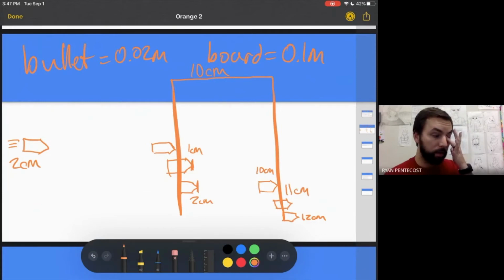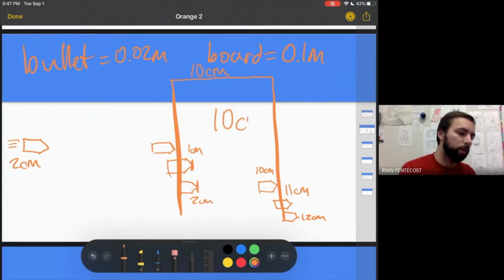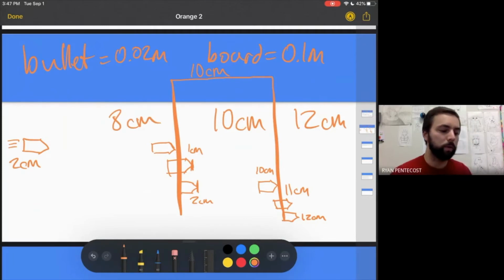So last year, when we had this debate, we had people arguing that the bullet is in contact for 10 centimeters, 12 centimeters. We even had 1 or 2 individuals that were in the minority, but they even said that the bullet was in contact for 8 centimeters.